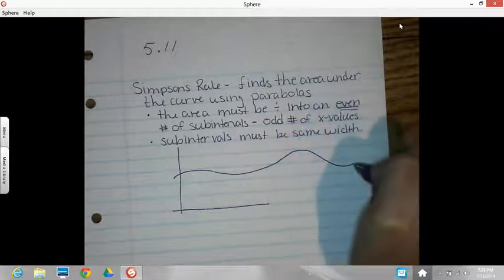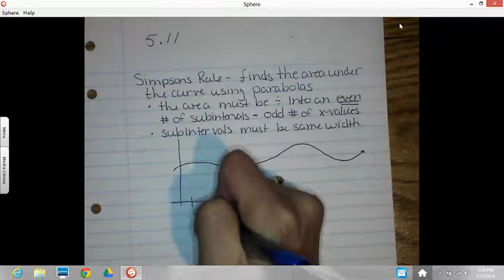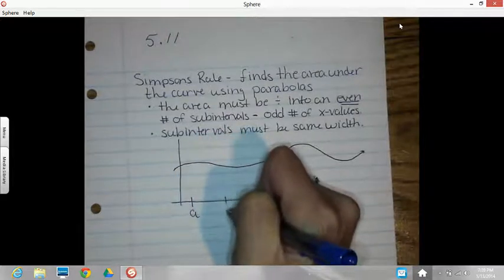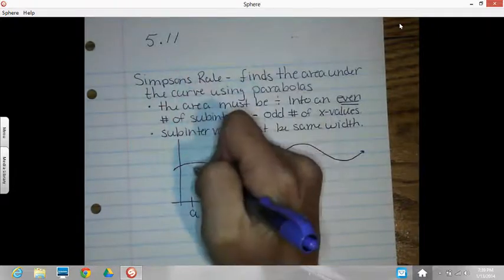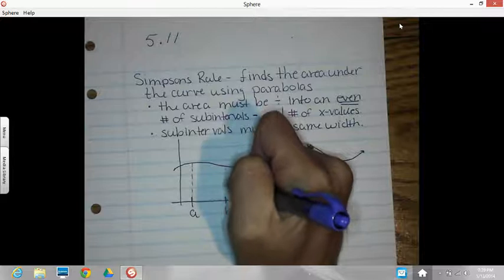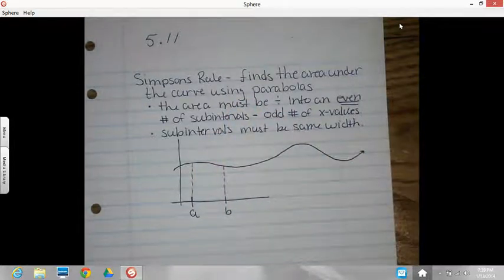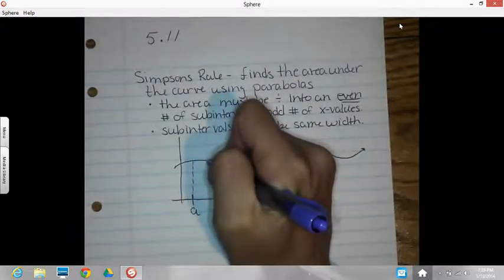I'm just going to do one little chunk of it, let's say from A to B. What we will do is divide it into an even number of subintervals. So the smallest number we could use is 2 subintervals. What that does is it puts another divider through here.